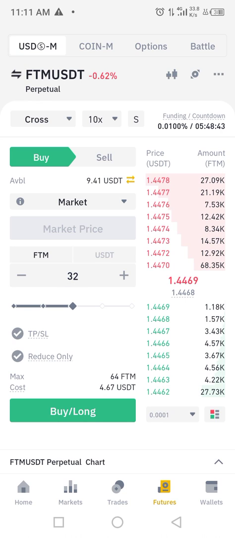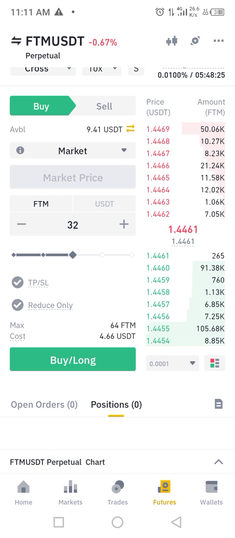This will help you have your liquidation price very distant from your entry point, because the more you use almost your whole balance of your futures account, the closer the liquidation price will be.